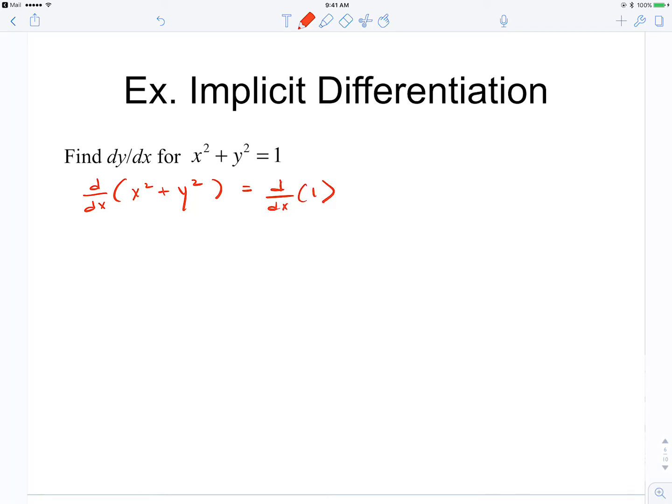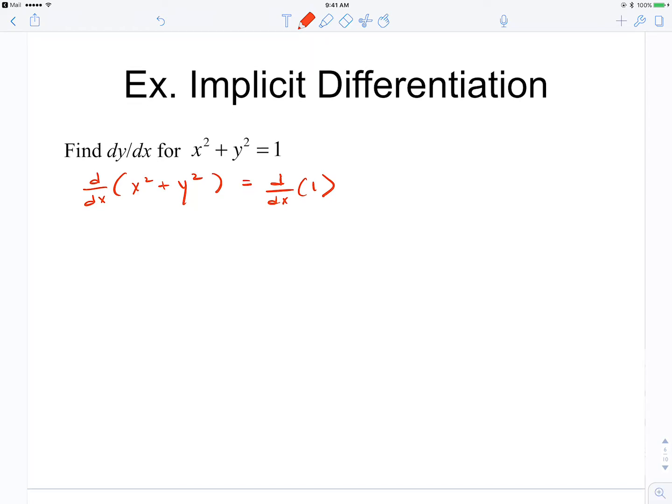Okay, with this step, we know from studying derivatives before that if we're taking the derivative of a sum or a difference, you can take the derivative of each term. So we're going to take the derivative with respect to x of x squared plus the derivative with respect to x of y squared, and then we still are taking the derivative with respect to x of 1.